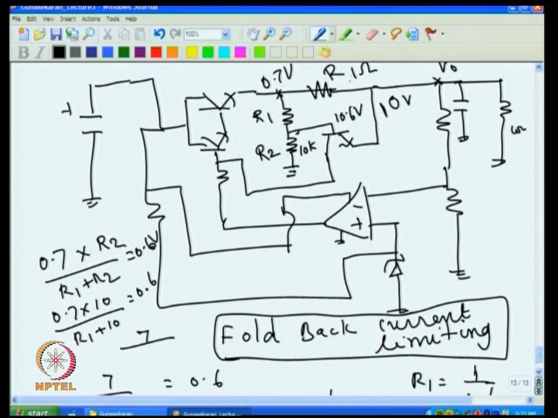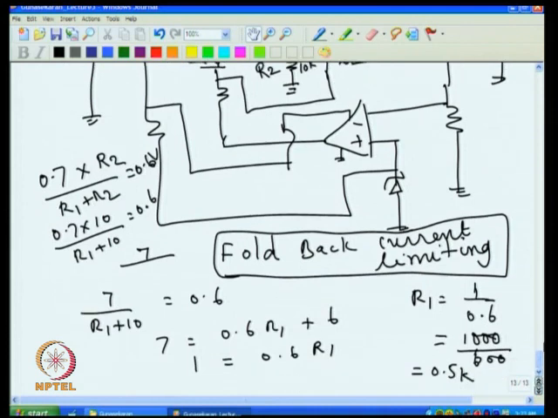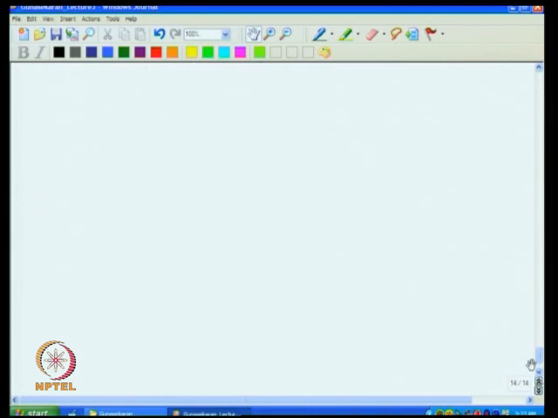If this point has to go to 10.6, I know that this has to be more than 10.6. Now what is the voltage required at this point? If this is 10.6 and that is across 10K, then what is the voltage across the other resistance? Now we can go to the next page and see.